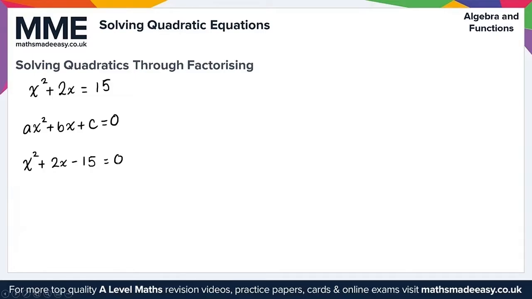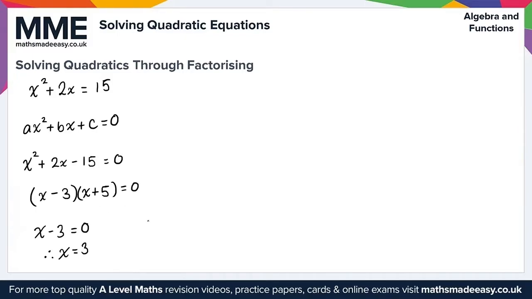Now here we solve this equation by factorising. So here by factorising we obtain x minus 3 and x plus 5. Okay, and this is equal to 0. So in that case we have two solutions here. We have x minus 3 equals 0, so therefore x equals 3 is one of our solutions.